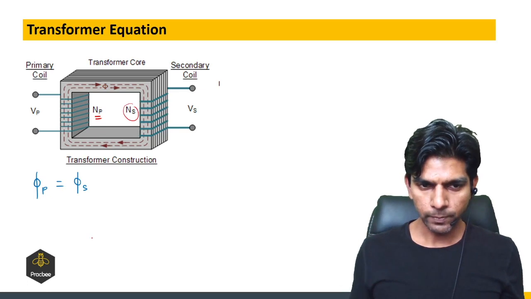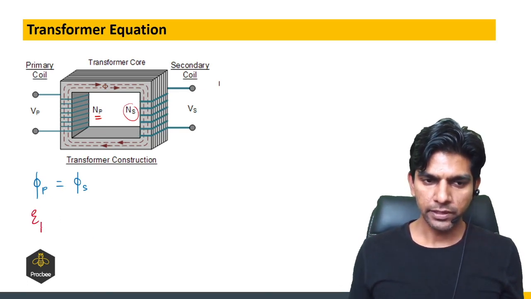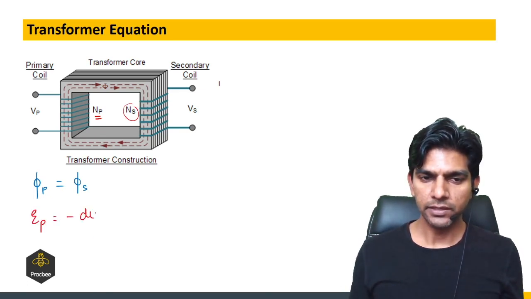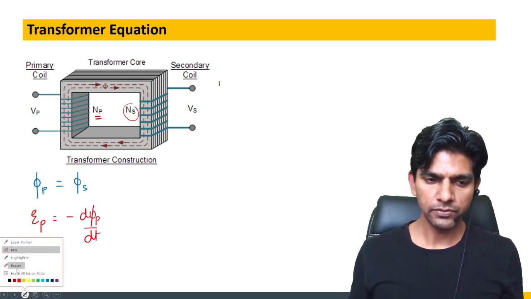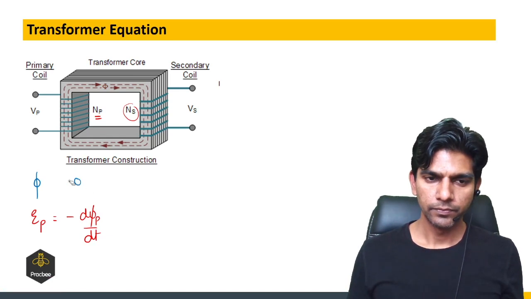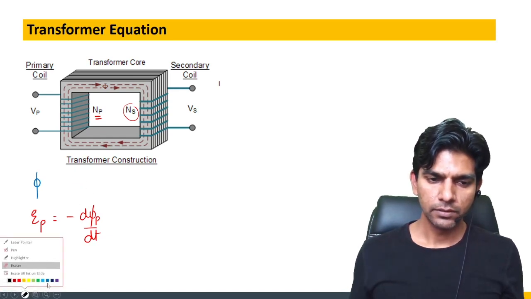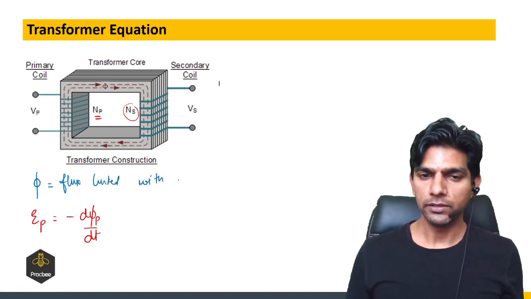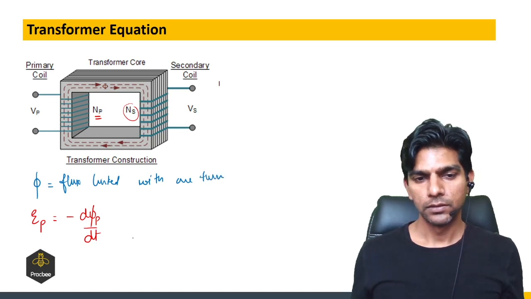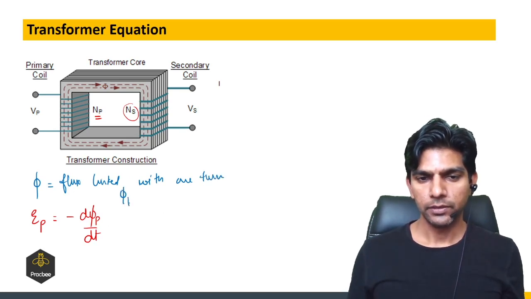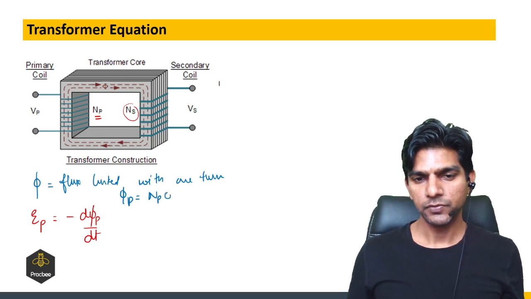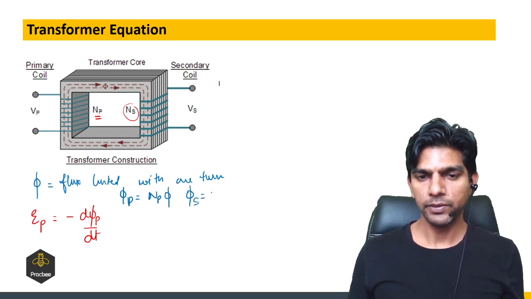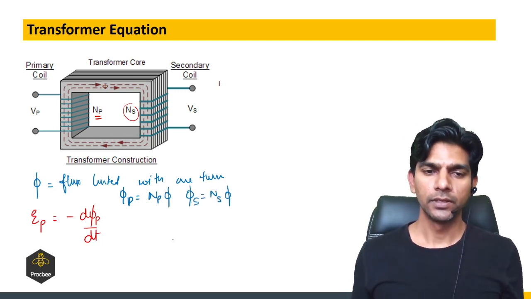So the EMF induced in the primary will be minus d phi p by dt. Okay, let us keep it as phi only. So phi is the flux linked with one turn. So phi p will be NP times phi and phi s will be NS times phi, right?